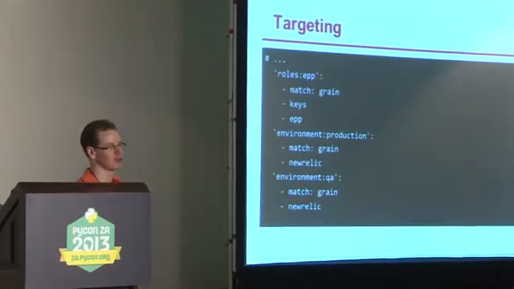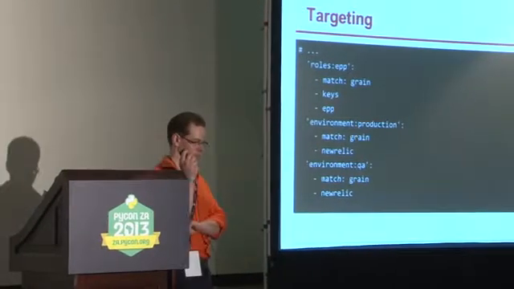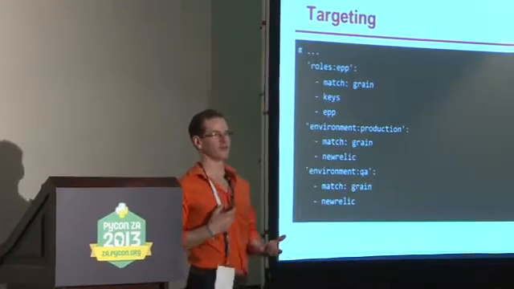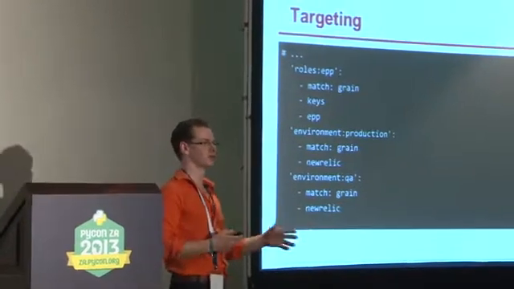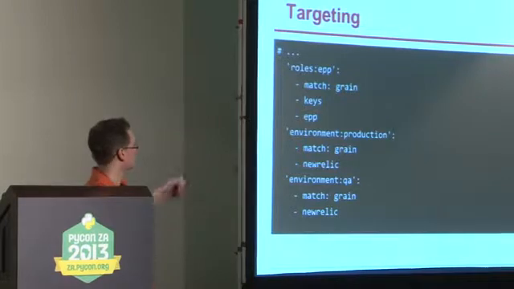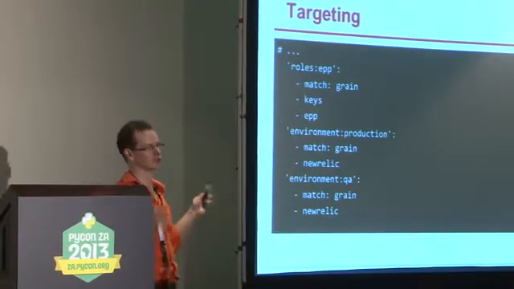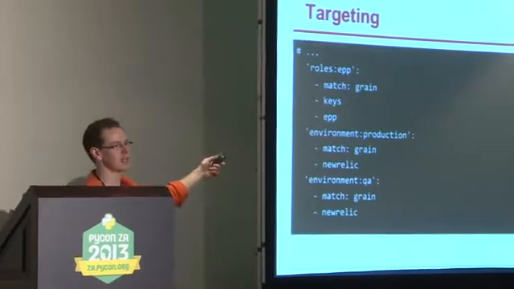But how do you really drill down into different roles? So let's talk about targeting. In this case, I'm using the grain system, which is like properties for nodes. You can add and remove properties from different nodes or instances from the Salt master. And I'm saying any node with the role EBP matching on its grain property should have the keys state and the EBP state.